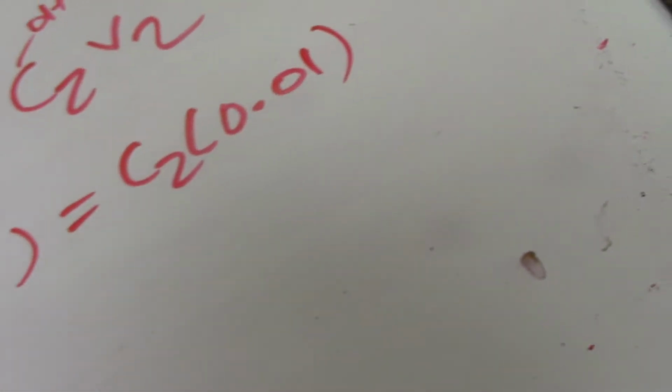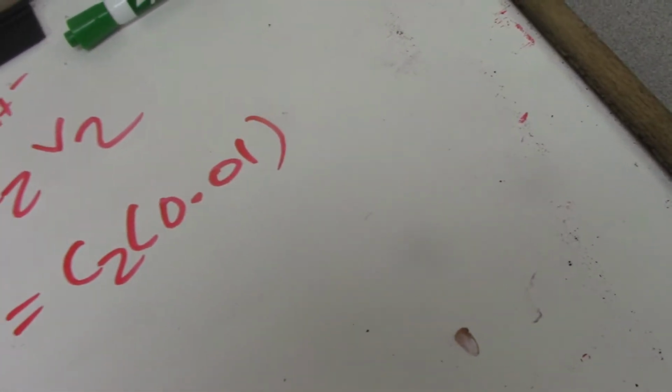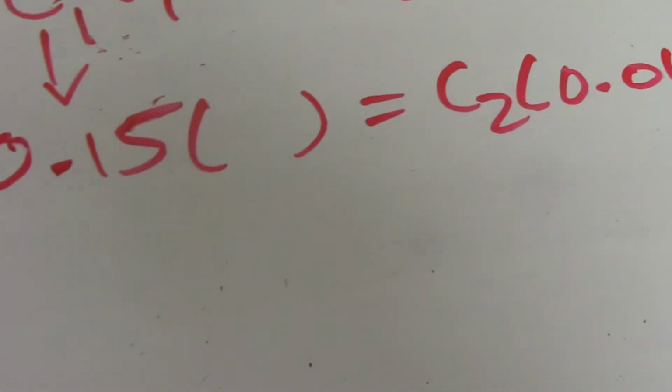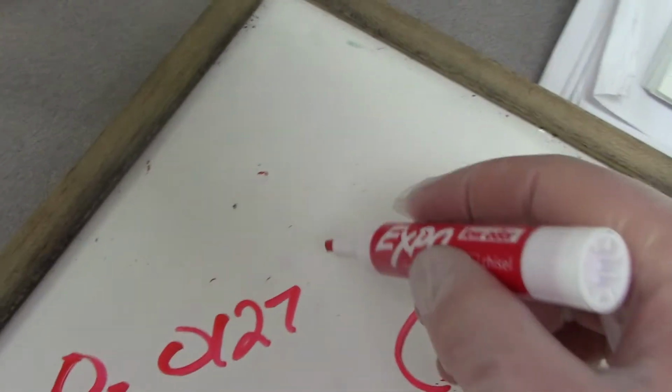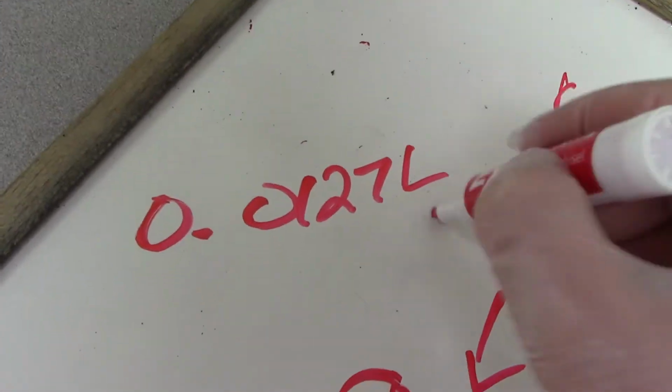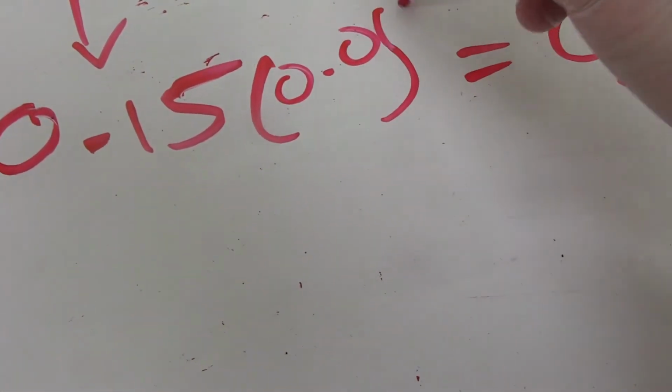So we used about 12.7 mils. So my volume of KHP is 0.0127 liters. Okay, so I've got to convert to liters.